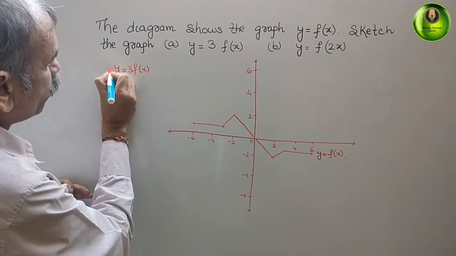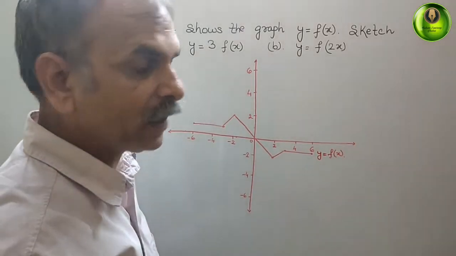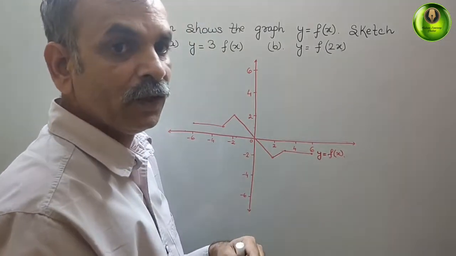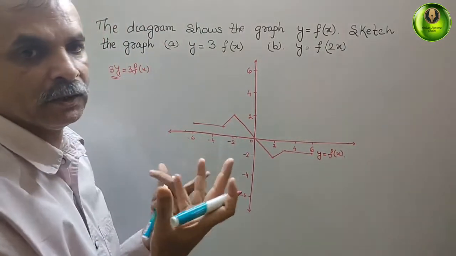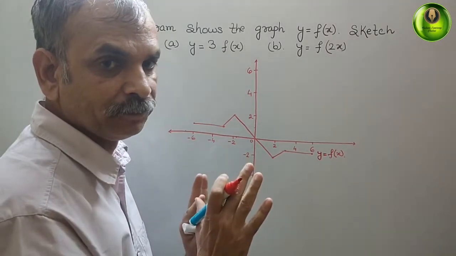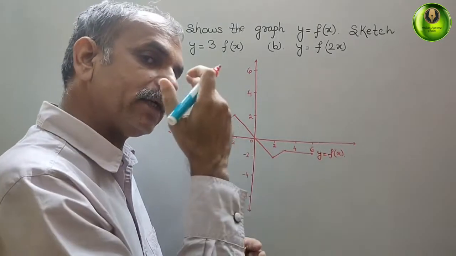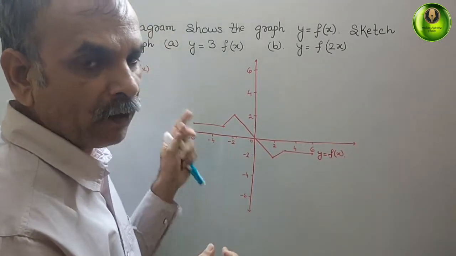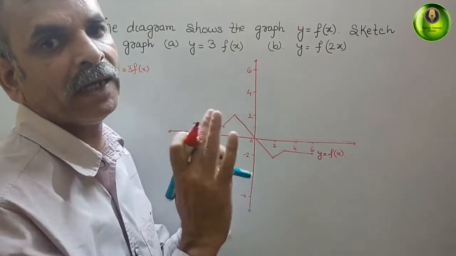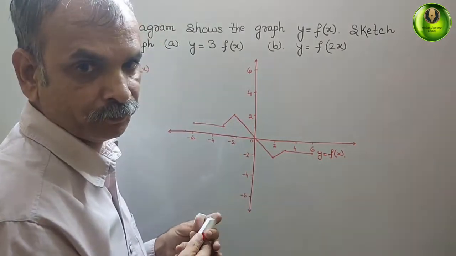That means whatever the coordinate of y is there, you have to multiply by 3. Simple as that. And x, don't touch it. Whatever the value of x is there, keep it the same, and whatever the coordinate of y is there, just multiply by 3. Now we will write the coordinates here.